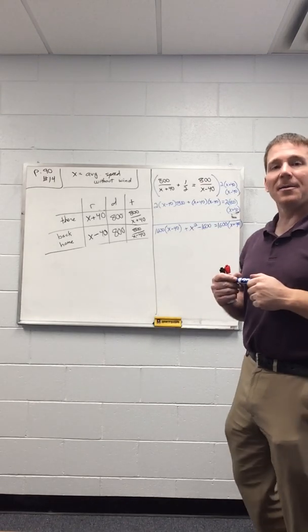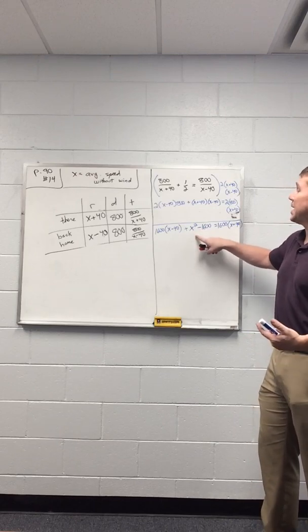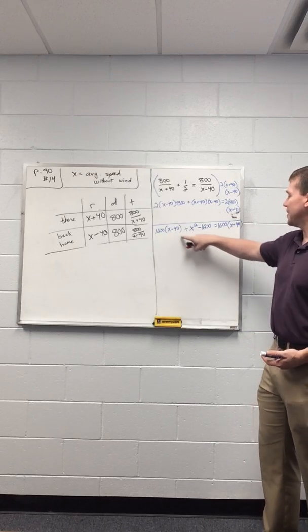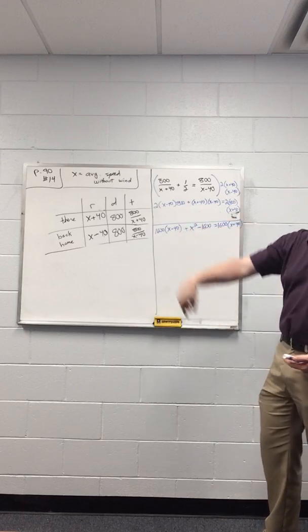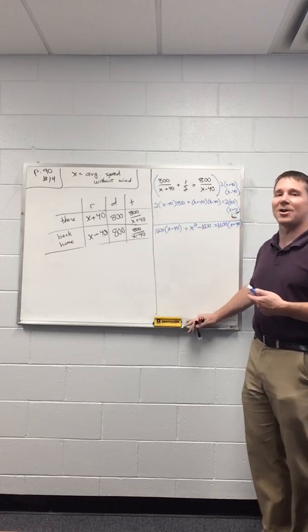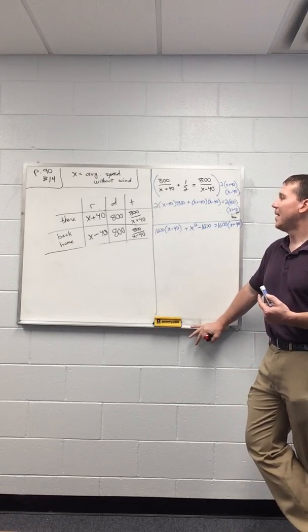And now from there, that's a quadratic equation. So we understand how we're going to solve this. Distribute the 1600, distribute the 1600. Since it's quadratic, bring everything to one side, set it to 0, and solve it. Either factor it or use the quadratic formula.